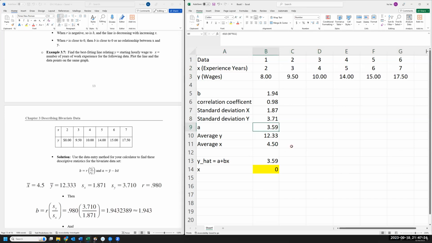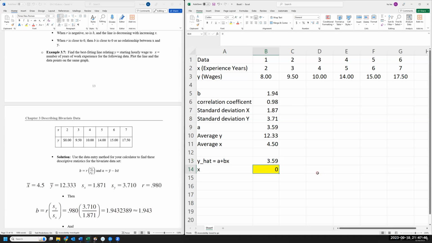What this means is that given our formula, if you put in 0 years of experience, the person's starting salary or wage is estimated to be 3.59.